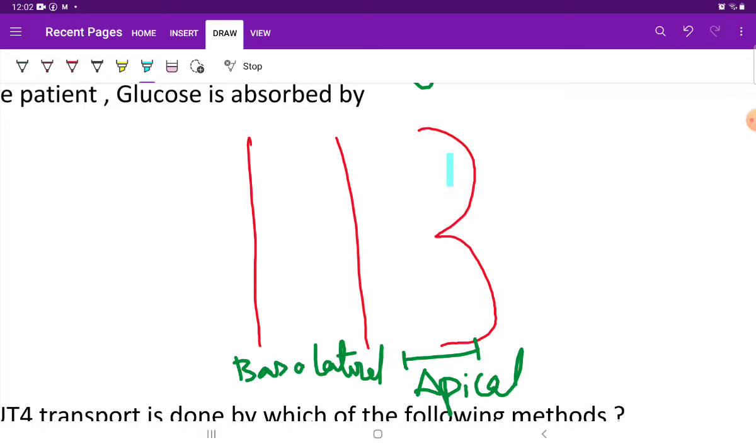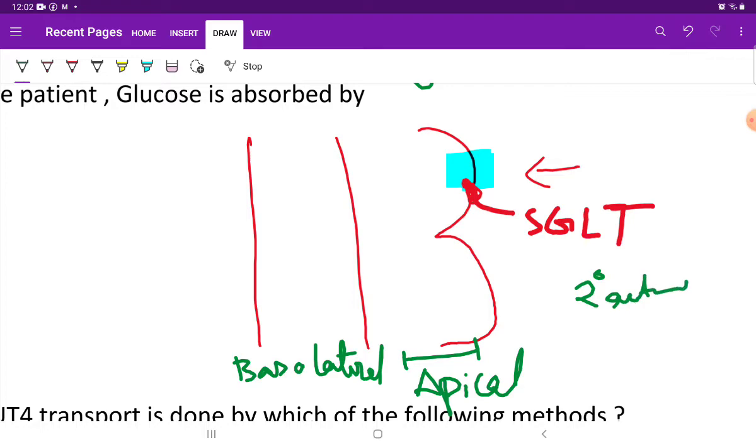Glucose enters by the presence of SGLT with secondary active transport.